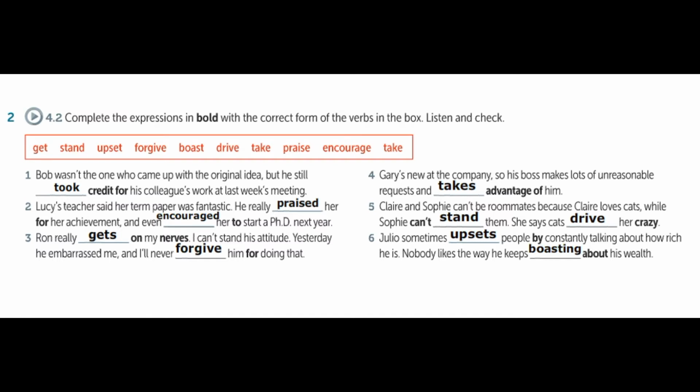By talking about how rich he is. So when he exaggerates, when he says in an excessive way about his wealth, he is boasting to people about this, right? So he is boasting about how rich he is a lot. That's it. Boast means to brag, right?